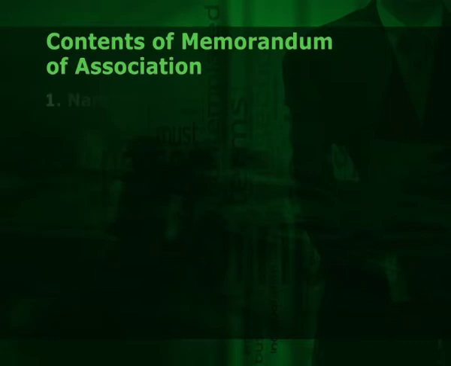Now, the contents of Memorandum of Association shall be discussed. There are 6 clauses in the Memorandum of Association under Section 13. The first one, name clause. This clause requires a company to state its name.